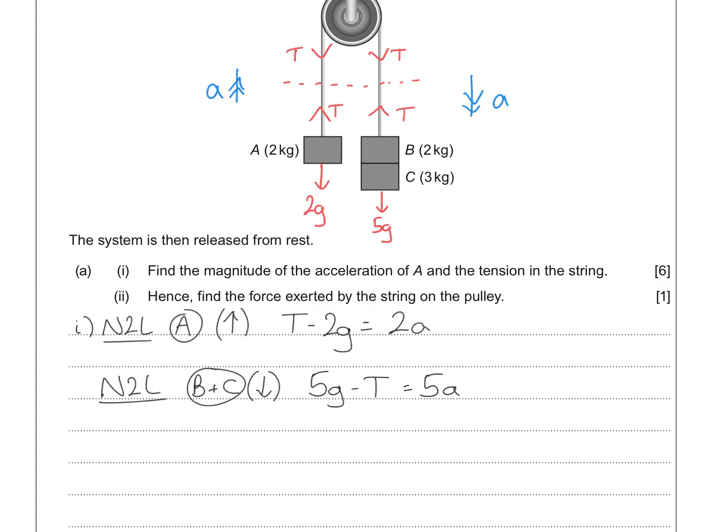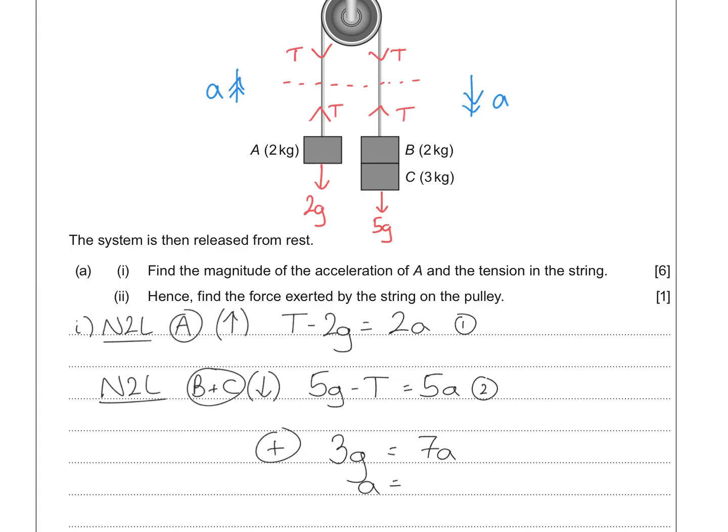And those two equations make me happy because they look exactly how I was taught they were supposed to look. One is T plus, one is T minus, and the other one is minus T. So I know when I add them both together, my T's will cancel out. Left hand side, when I add them together, will give me 3g. Right hand side will give me 7a.